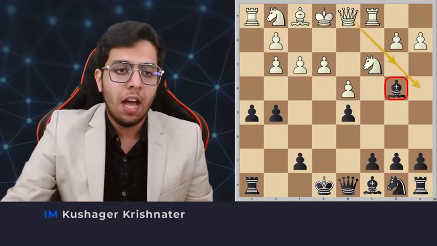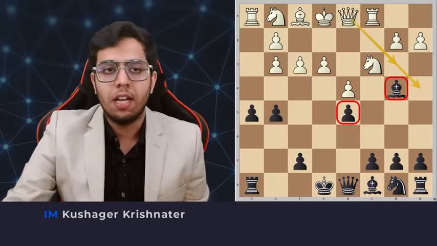That's why we can comfortably play h5, threatening to win the bishop with h4. And if white plays f3, white can't play h3 or h4 because of knight g3. After f3, we just play knight g3, hg3. Now white probably wants to play queen b3 and queen a4 check, harassing the weaknesses in our position.